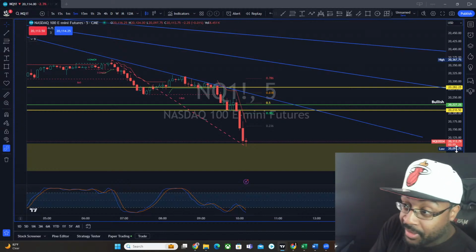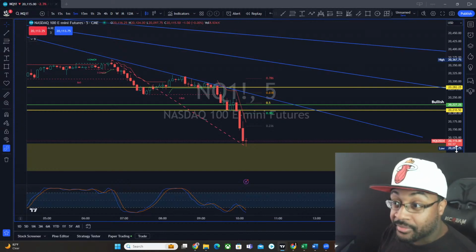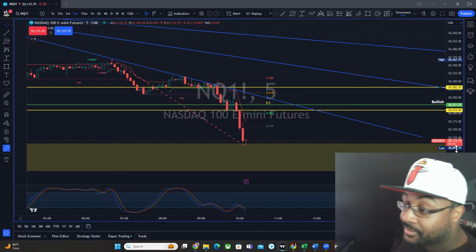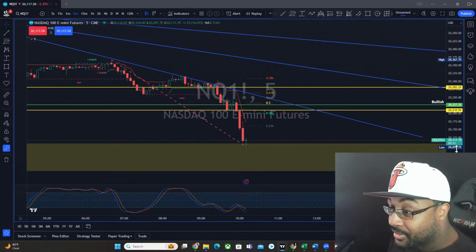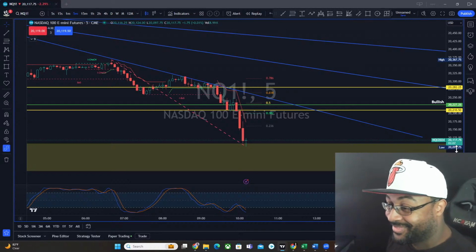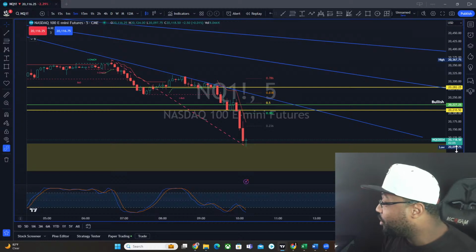Just strap in, put your buckle on. We are free falling. For some of the bulls out there, it's like the Tower of Doom. Come on. One more push into that order block, and this fair value gap will hold.